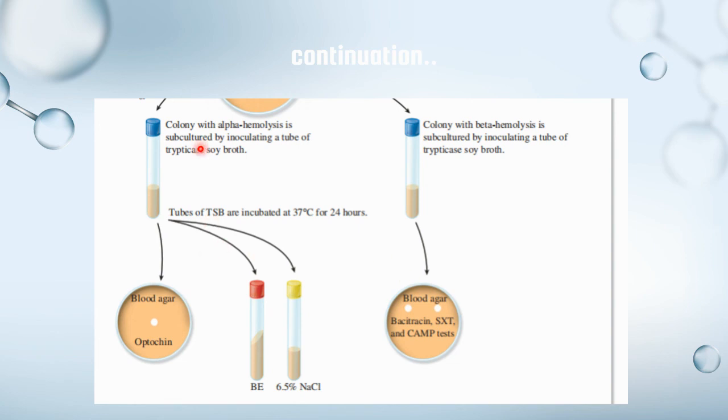For the alpha hemolytic pattern, we test for optochin susceptibility, bile esculin, and 6.5 NaCl, to further differentiate them. For the beta hemolytic, we test for bacitracin, SXT, and CAMP test. All media are incubated at 37 degrees Celsius for 24 hours.